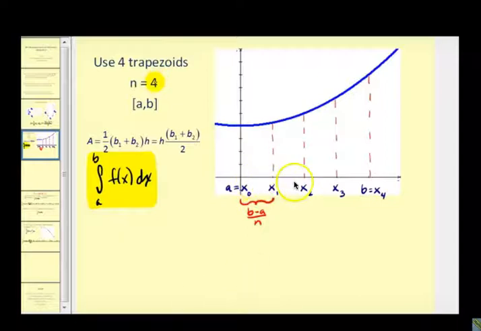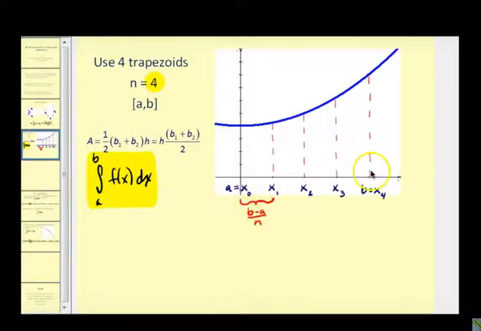That n is the number of subintervals here, okay? If you look at this and it says b minus a over n, if this is the point b, and this is a, isn't the width of one of these b minus a divided by 4?